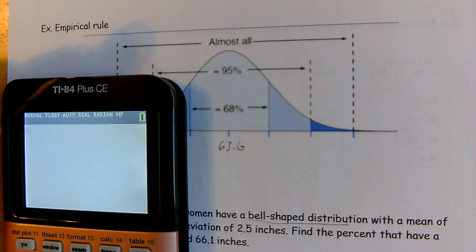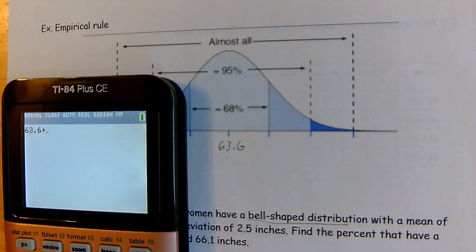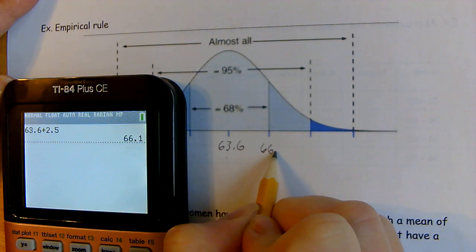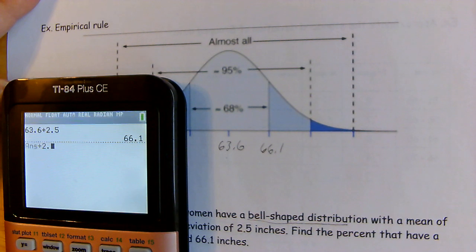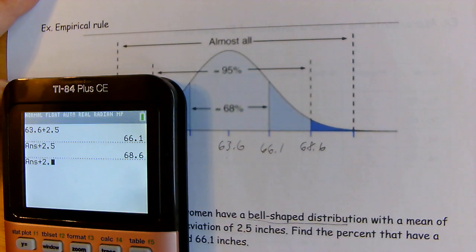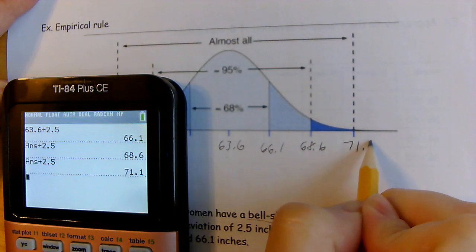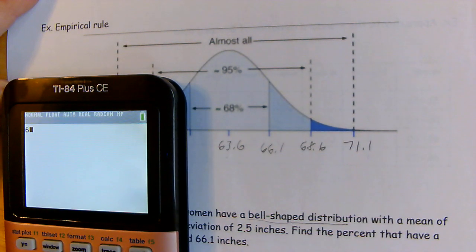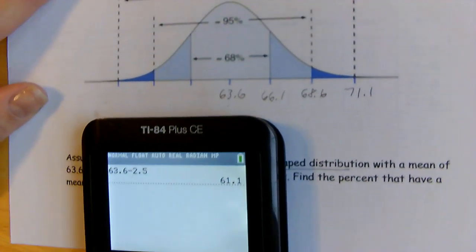So what we're going to do is add a standard deviation, add 2, add 3, and then I'm going to subtract. 61.1.